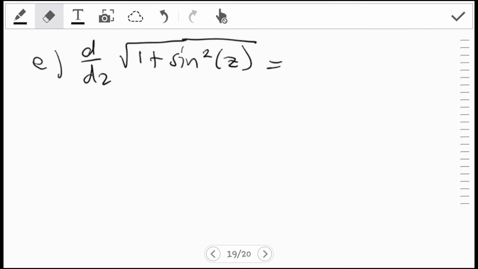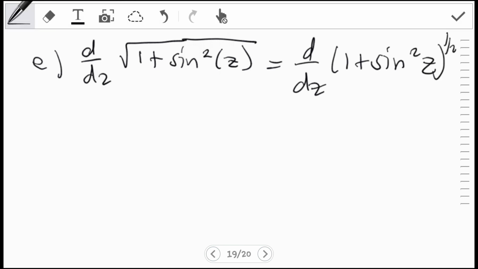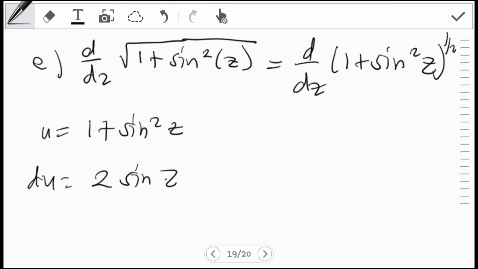Next is, what is the equivalent of d over dz of the square root of 1 plus sine squared z, or d over dz of the quantity of 1 plus sine squared z to the power 1/2. So let u equal 1 plus sine squared z, then du here is equal to 2 sine z, then the derivative of sine, that is cosine z dz.